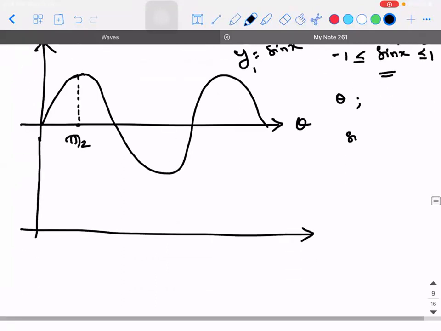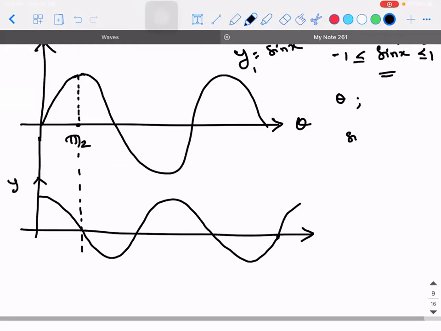Now see, if I draw a graph like this, do you guys know what graph this is? This is the graph for cos x.